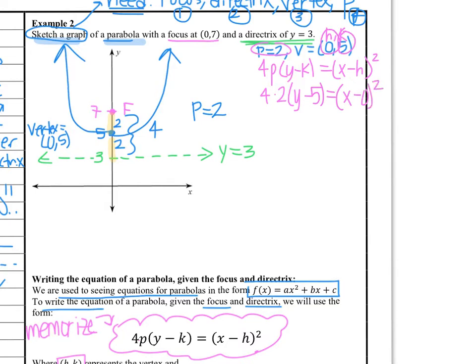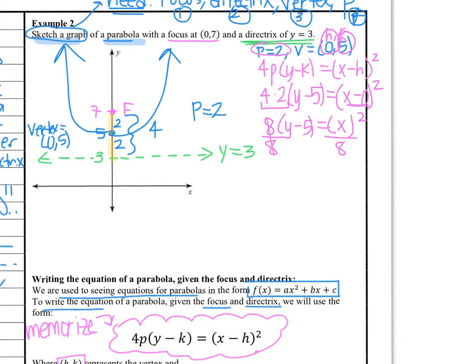So x and y will always remain the variables in these equations. So I'm going to multiply the numbers on the outside, so I get 8 parentheses y minus 5 equals parentheses x minus 0, which just turns into x squared. Okay, so now our goal is to get y by itself. So I'm going to divide both sides by 8.